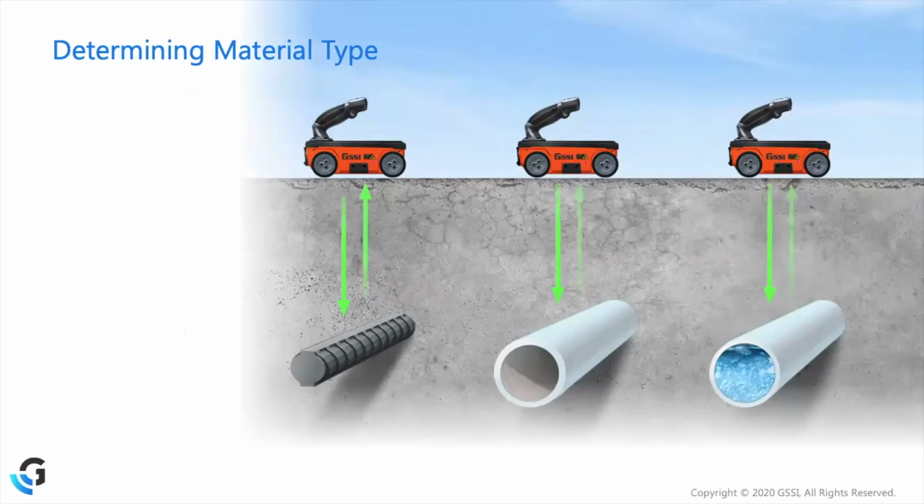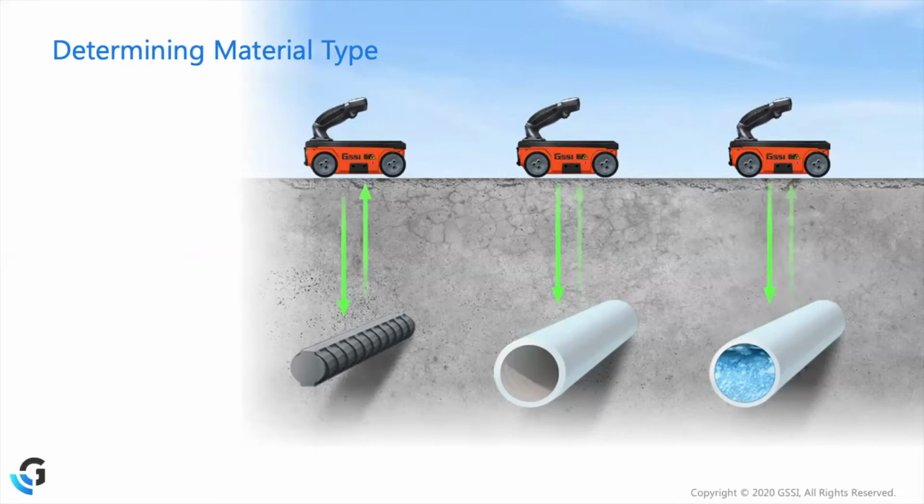So more importantly, let's look at what the different material types are going to be viewed as on our screen based on what we just talked about. So we have three main material types here that you'll encounter. We have metal versus air versus water.